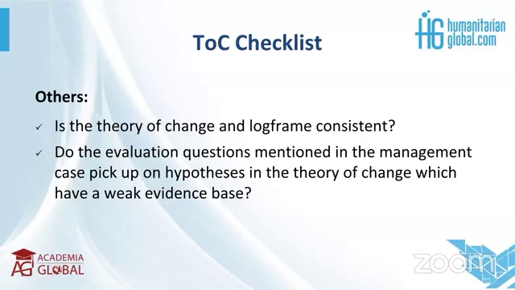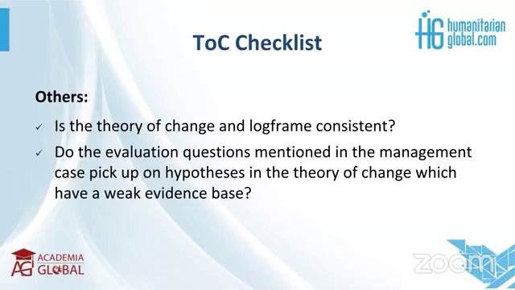For example, if during the evaluation you use contribution analysis, it will be able to strengthen and affirm your theory of change. If you use a randomized controlled trial, you might have an alternative theory of change. So when you're doing this, that's why we said it's important to start from the beginning.